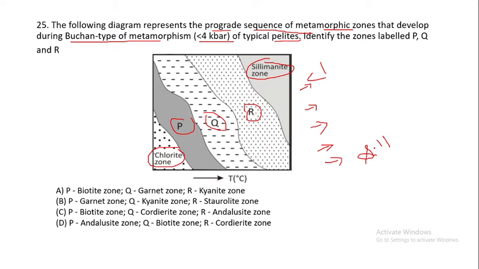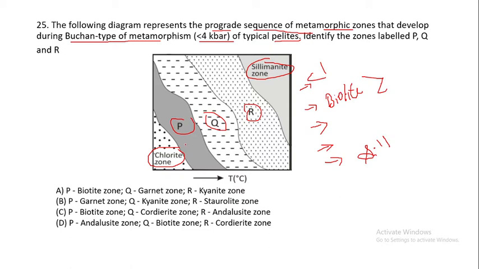So as we know, it is a regional type of metamorphism having low pressure. First is chlorite. The next formation is biotite, biotite zone.